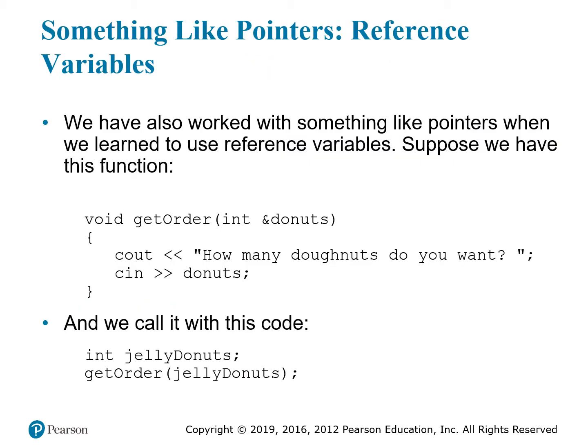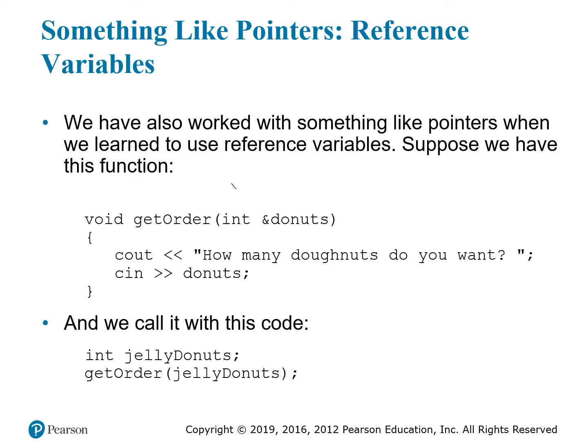We've also learned to work with something like pointers when we use reference variables. For example, if we wanted to get an order for a certain number of donuts, instead of doing standard C++ where this function would return the number of donuts, we wanted to just pass the number of donuts and have it return inside that variable.